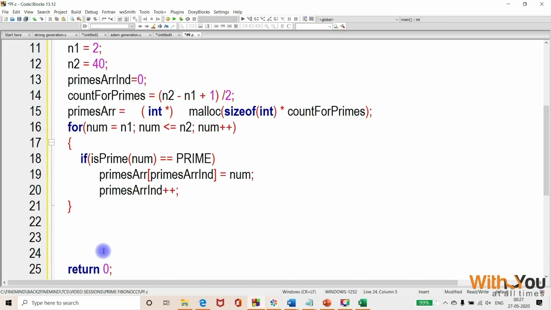Remember, worst case. How many ever prime numbers we created, that multiplied by. For example, first time this was 0 and it became 1. It was 1, it became 2. So you can see here the primesARR IND is also telling me how many prime numbers are there. Can we just check this out?